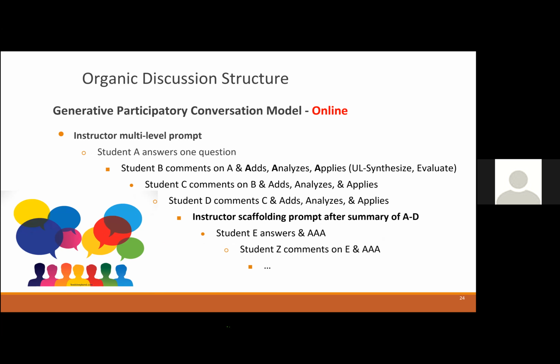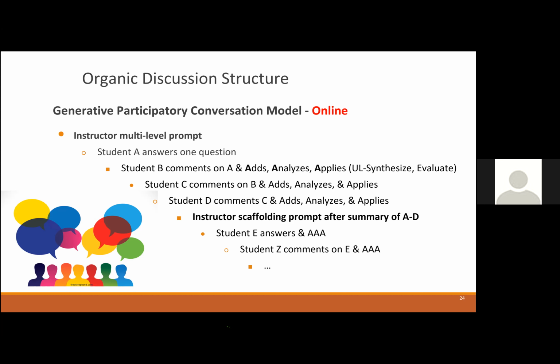Instead of the instructor prompt being up in the topic description, the instructor can start the thread and each student responds. After student A responds to part of the prompt, student B comments on what A says, acknowledging it in some way, and then adding information. These are instructions for my freshman level class, where I tell them they need to add, analyze, apply information for a AAA post.